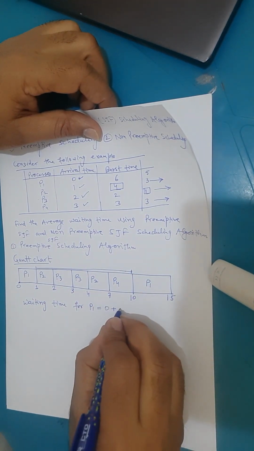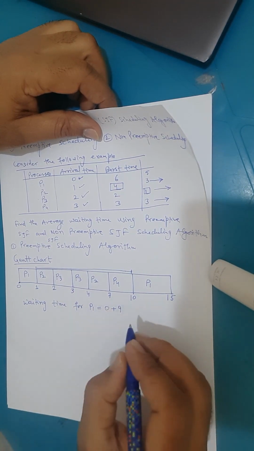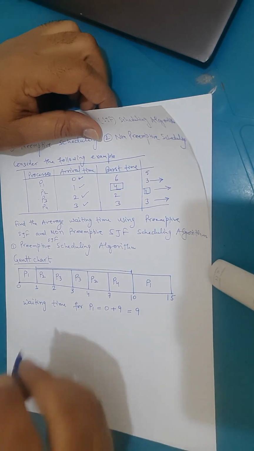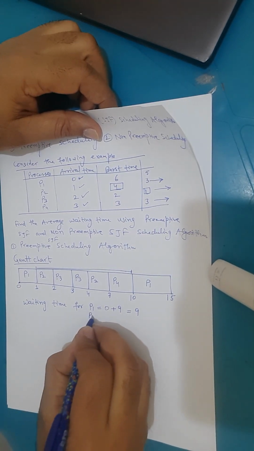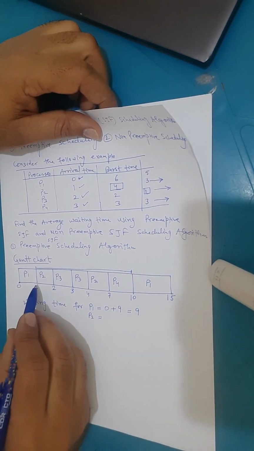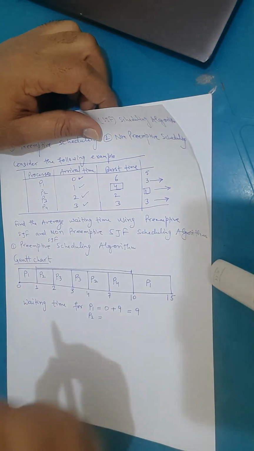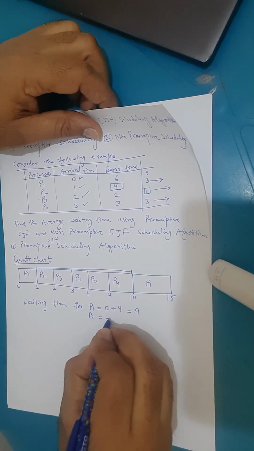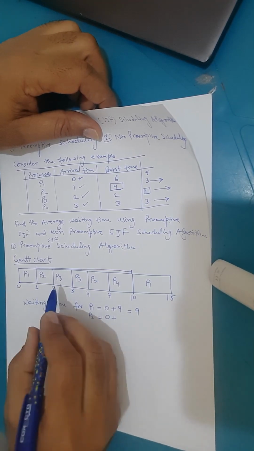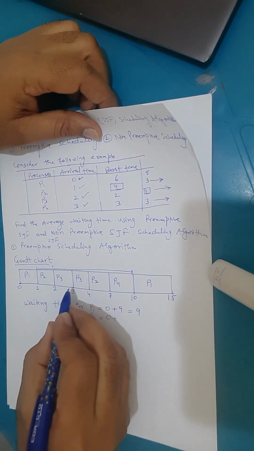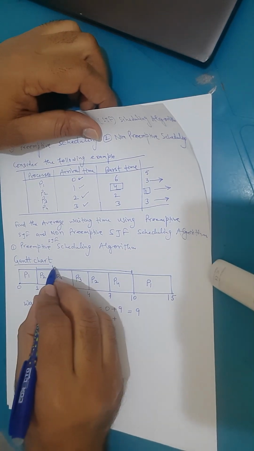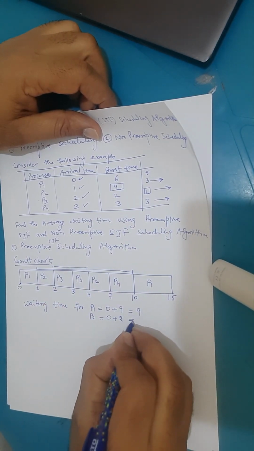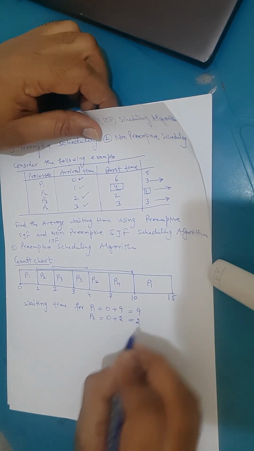So 9 waiting time here, 10 minus 1, right? So the total waiting time for P1 is 9. Waiting time for P2: P2 enters into the system at 1 and starts its execution at 1, so there is no waiting time for P2 here, and P2 waits from 2 to 4, so 4 minus 2 is 2, so the total waiting time for P2 is 2.